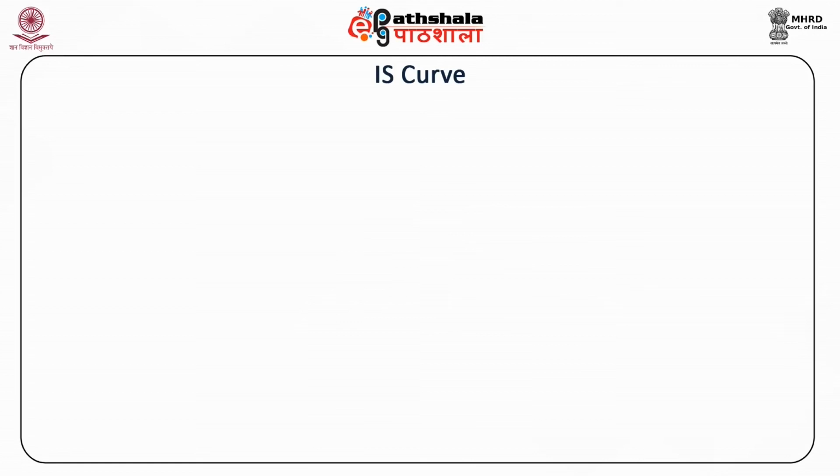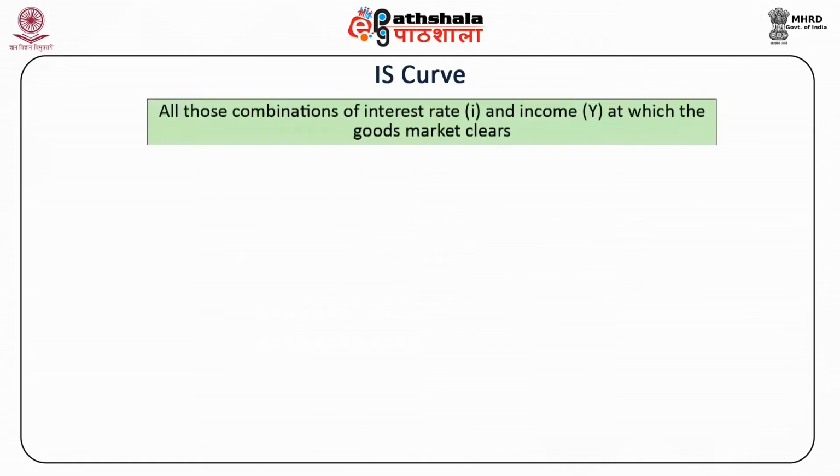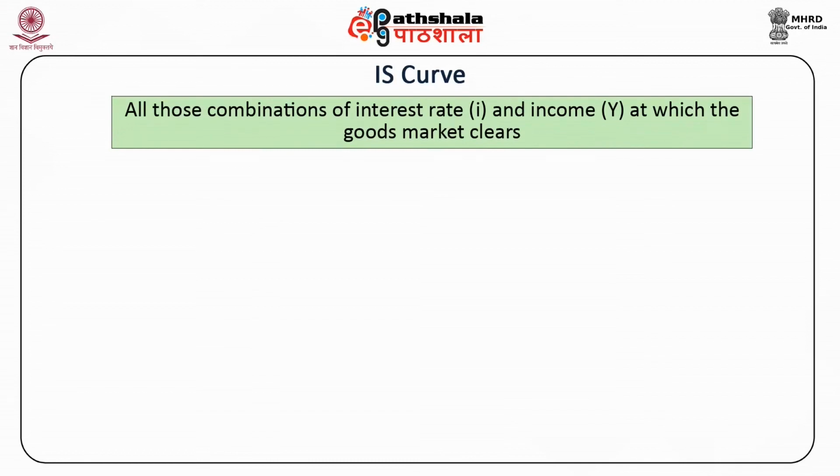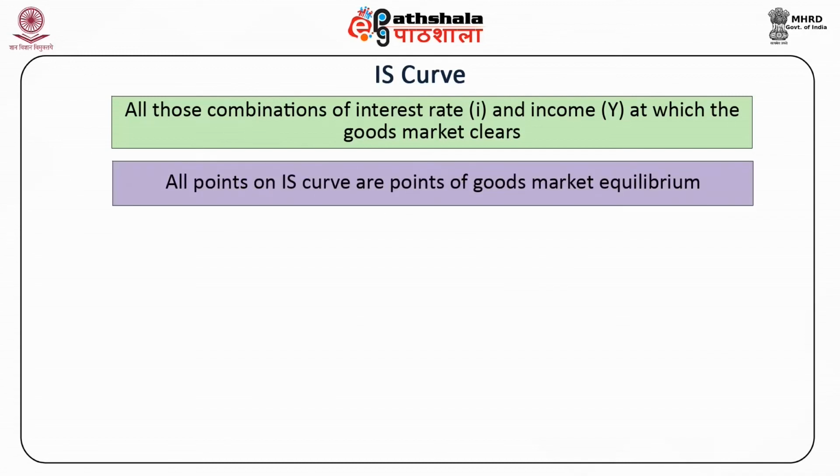The IS curve represents all those combinations of interest rate I and income Y at which the goods market clears. In other words, all points on the IS curve are points of goods market equilibrium.